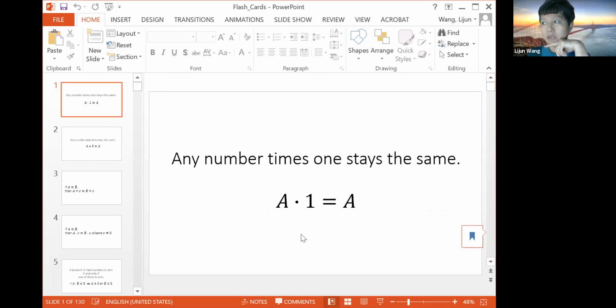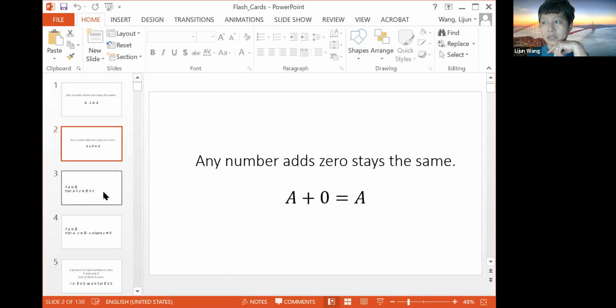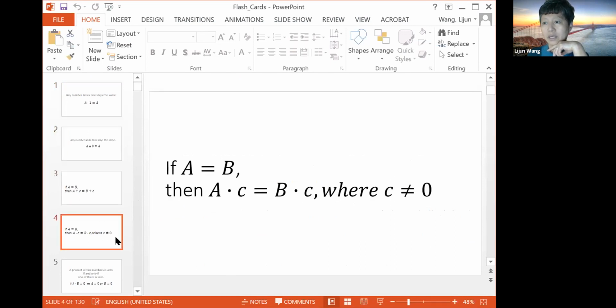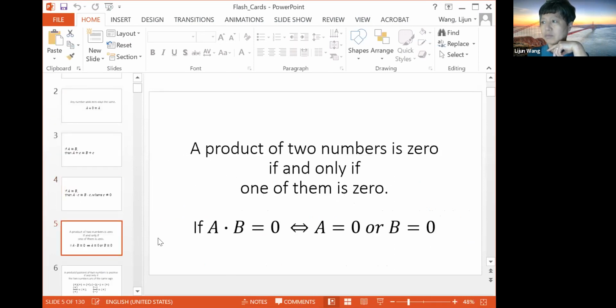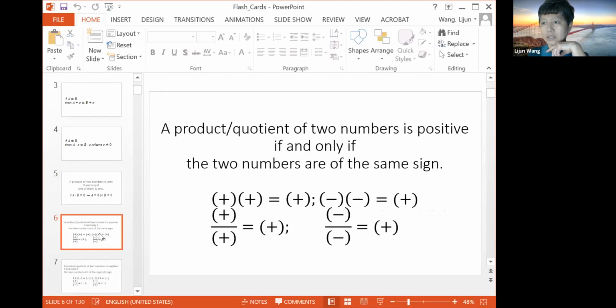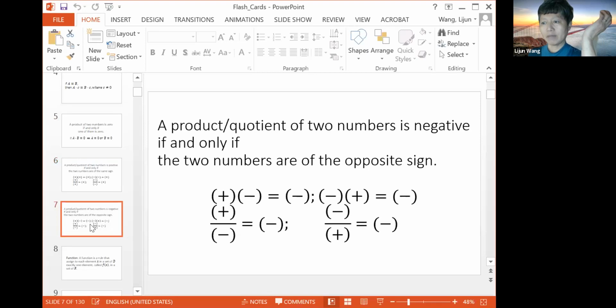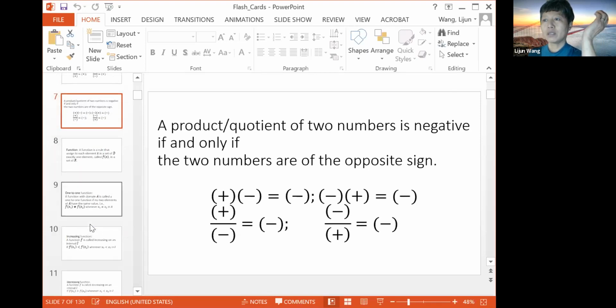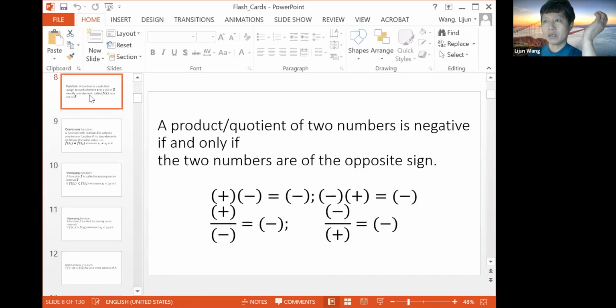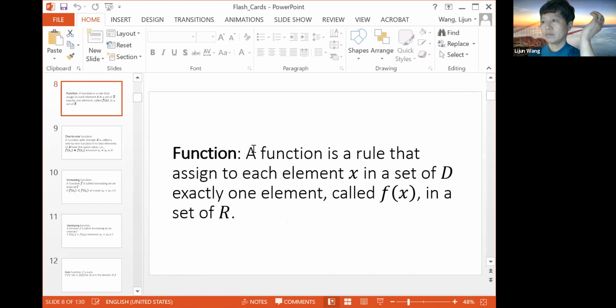It starts with something we know. Anything times 1 stays the same. Anything plus 0 stays the same. These are the flashcards you're familiar with, right? We know that. And now from card number 8, function, we covered function.